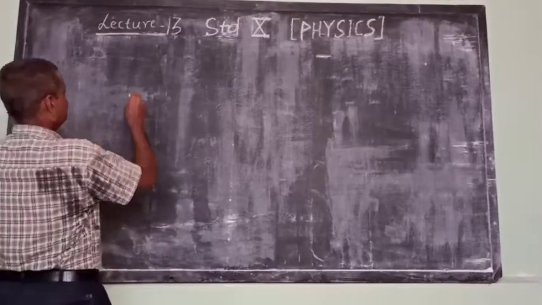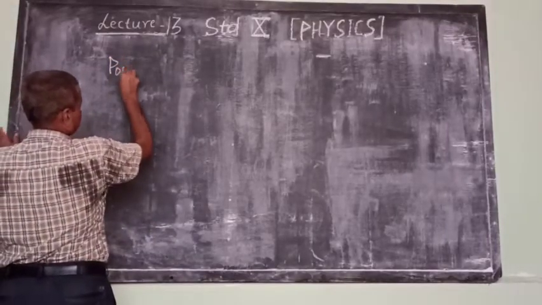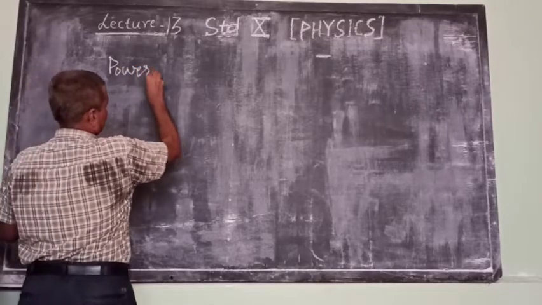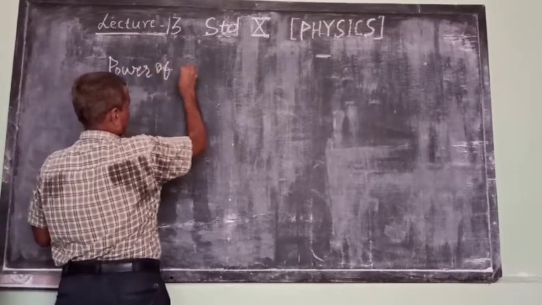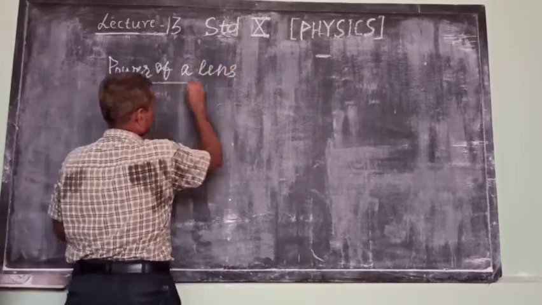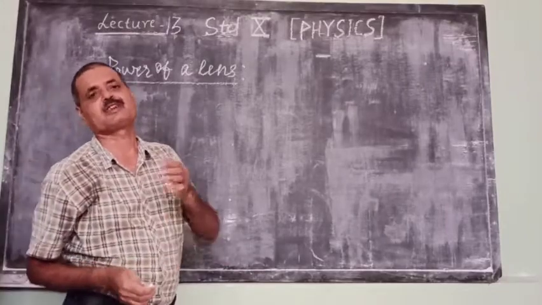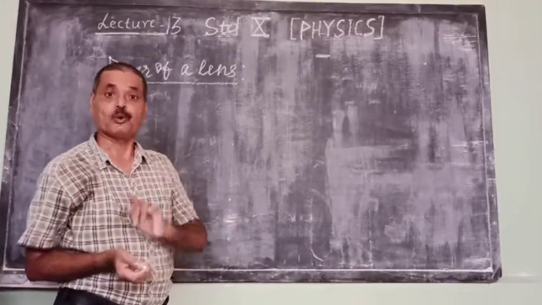Now we will know about power of a lens. The term is power of a lens. Very simple definition. The power of the lens is reciprocal to its focal length.